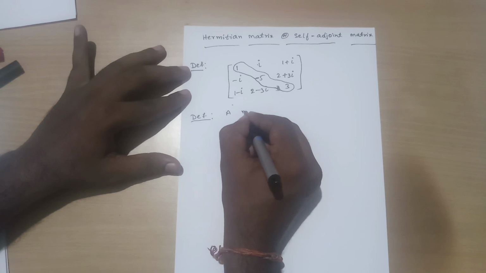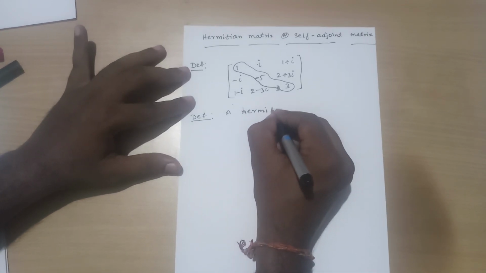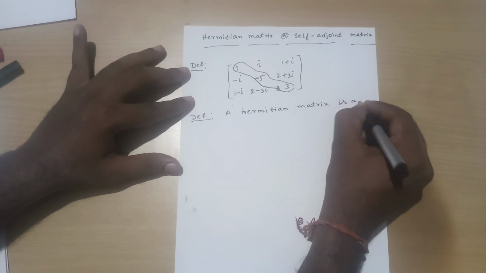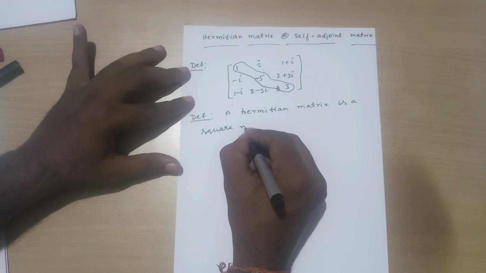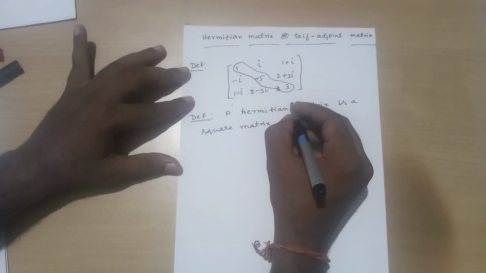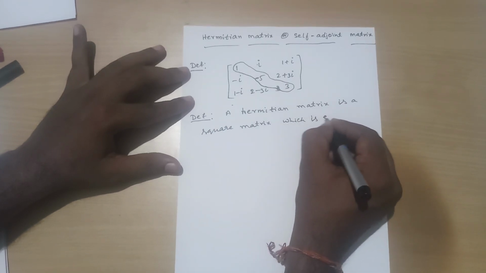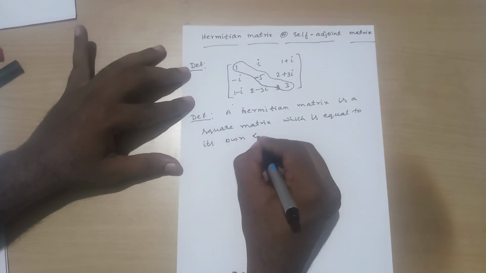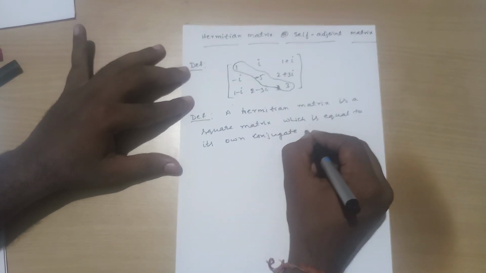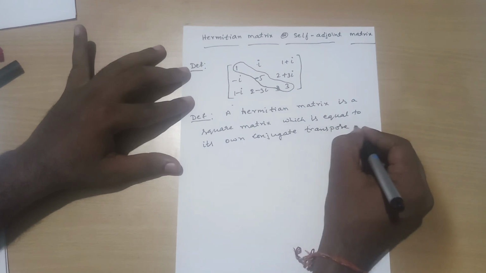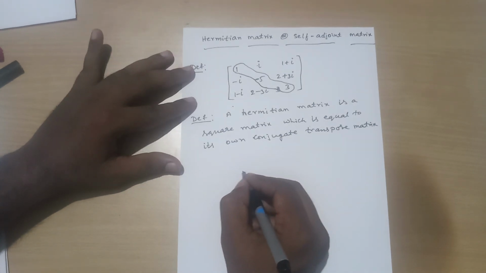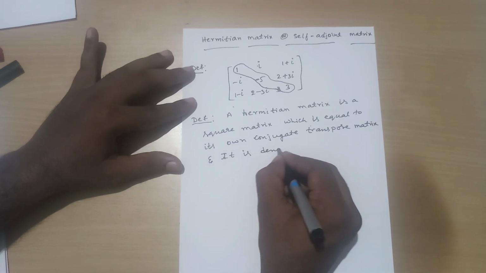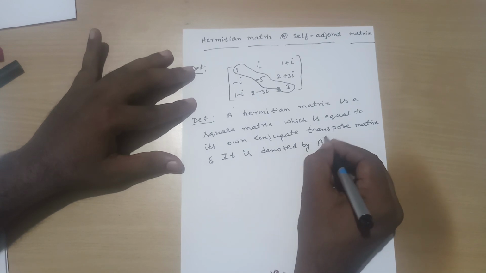A Hermitian matrix is a square matrix which is equal to its own conjugate transpose matrix, and it is denoted by A star.